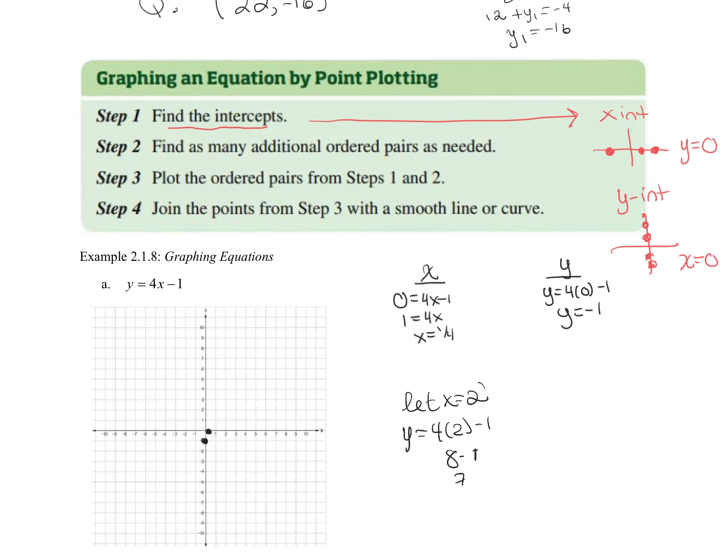So I have the ordered pair. I plugged in 2 and I got out 7. So at 2, I should be at 7. So if I try very carefully, this is a line. Hopefully you recognize that as y equals mx plus b. It's a line. Not the world's best drawer. But there is our line.